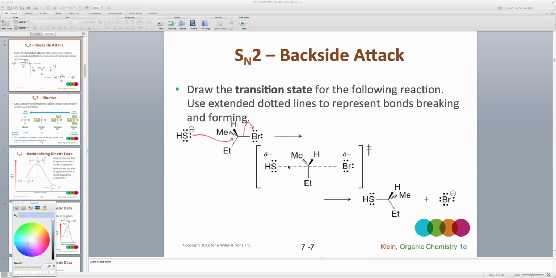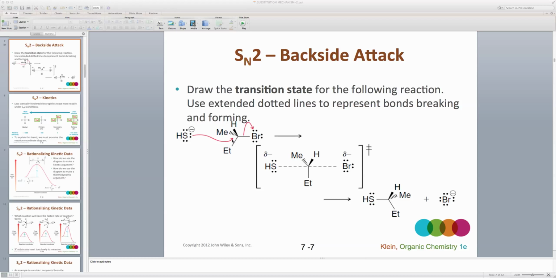So when we say it's a simultaneous reaction, that's not exactly correct. We are breaking the bond more slowly than we're approaching the nucleophile. So it's not equitable between the two. So we say synchronous, but not simultaneous.